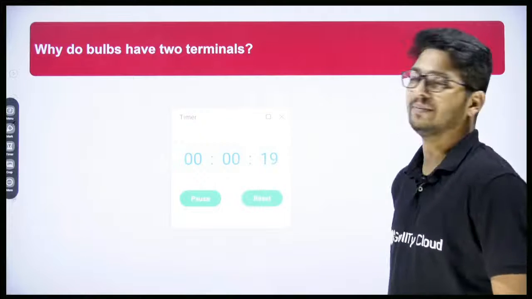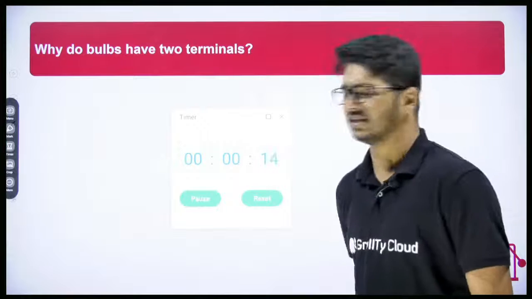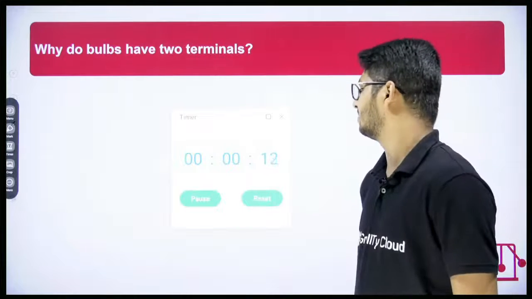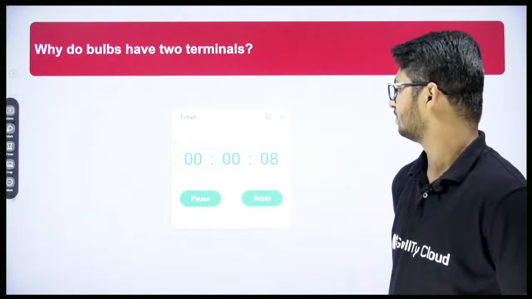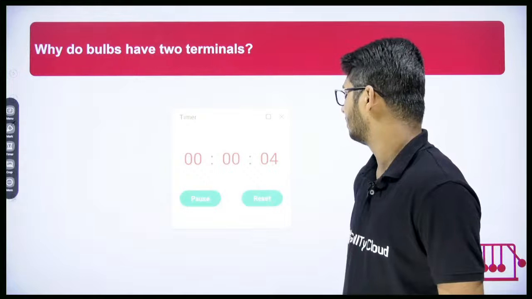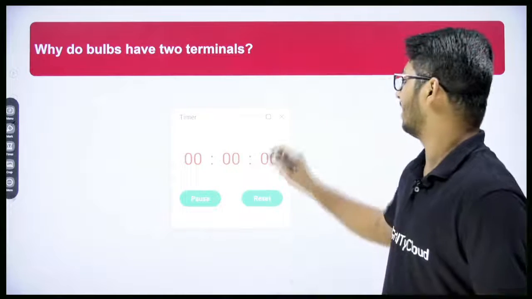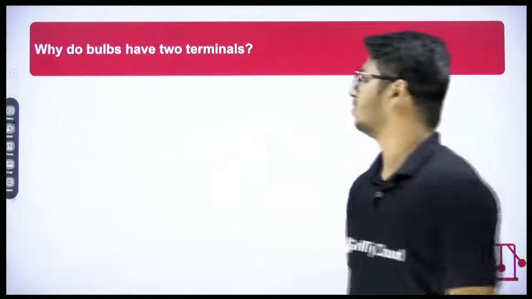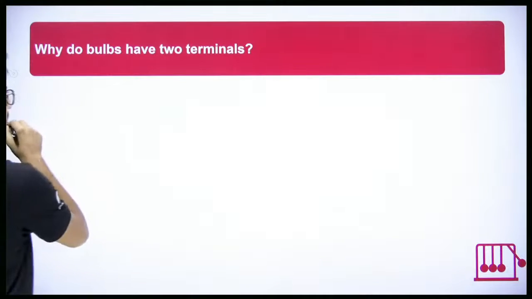Why can't a bulb have only one terminal? Why can't a bulb have 3 or 4 or 5 or 6? Five seconds more. 3, 2, 1, and the time is up. So why do bulbs have two terminals?